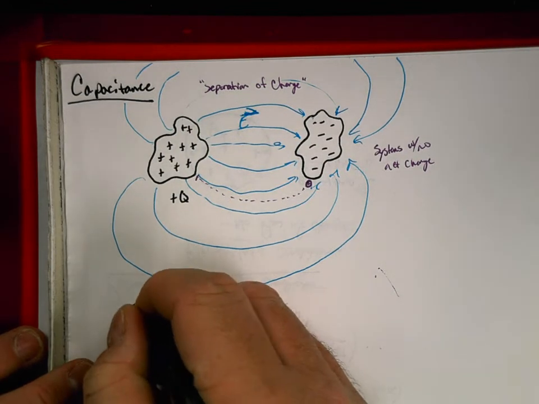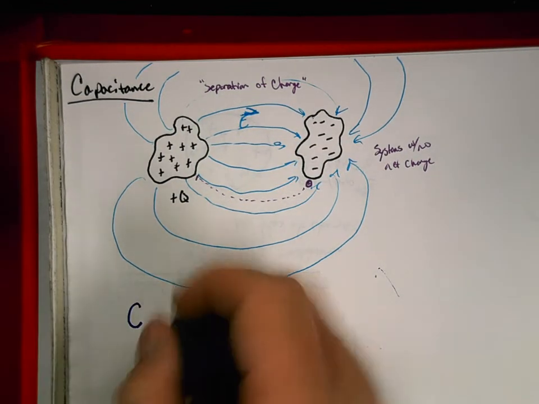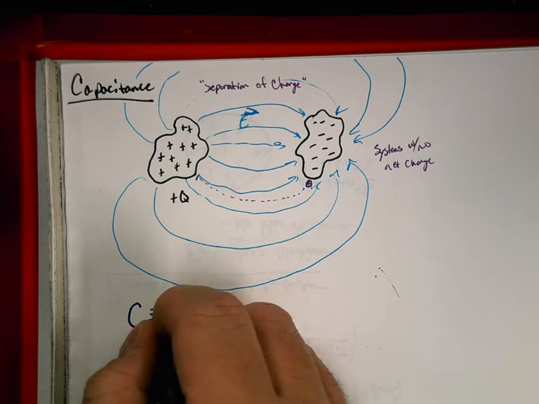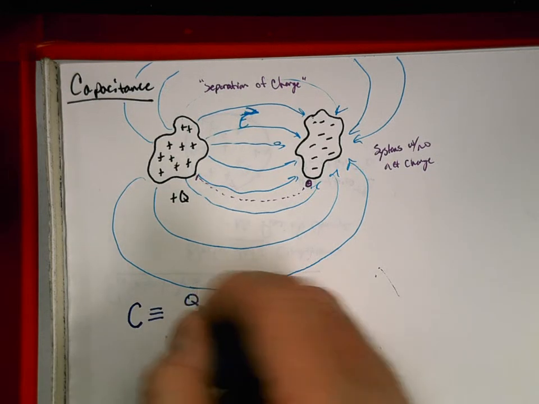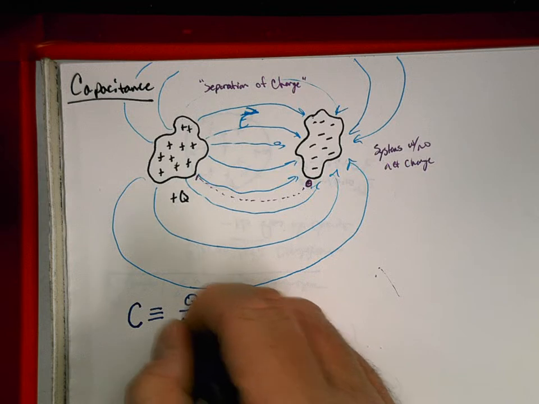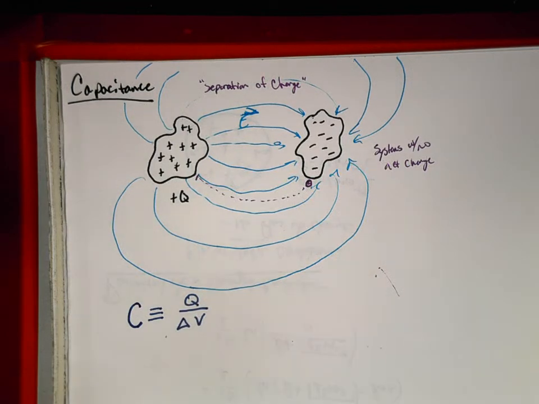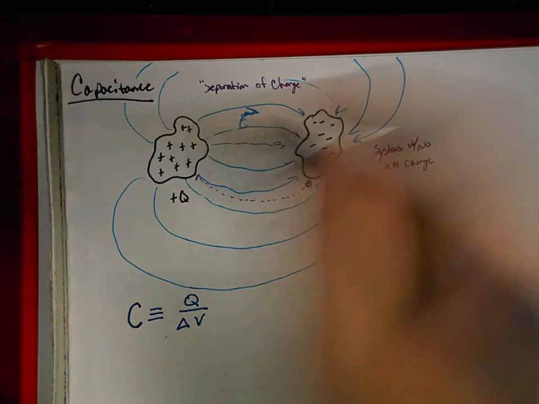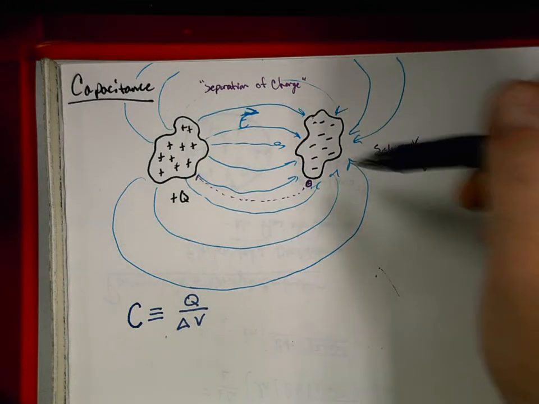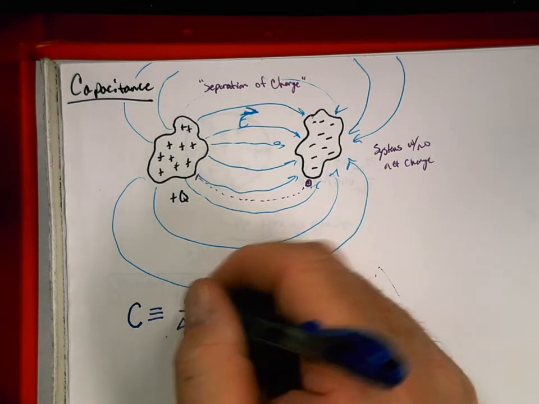It is given by the variable C, and it is defined as the amount of charge divided by the potential difference between your charges. Okay, so it's Q over V, and it's always positive.